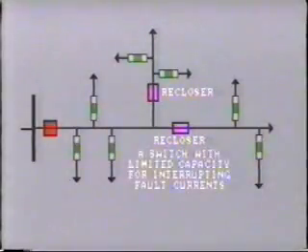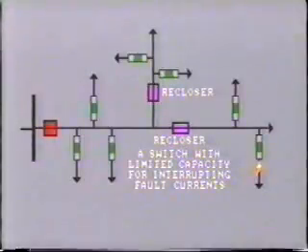The recloser is essentially a switch with limited capacity for interrupting fault currents. This is acceptable because very high levels of fault current occur closer to the feeder breaker, which has greater interrupting capacity. However, further down the line, fault currents are less, and the local recloser will clear that section of line and then attempt to reclose.